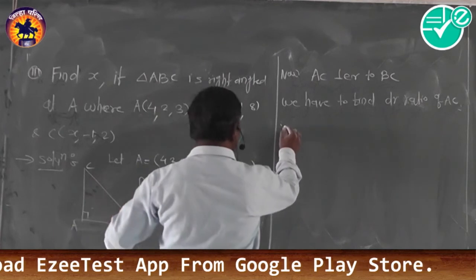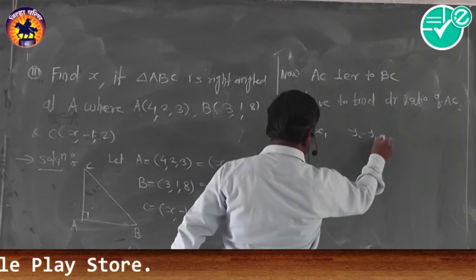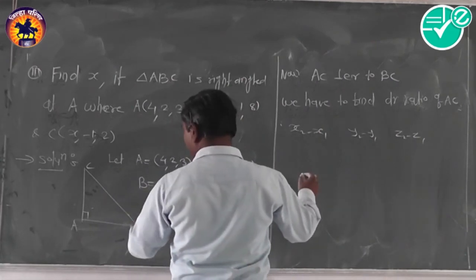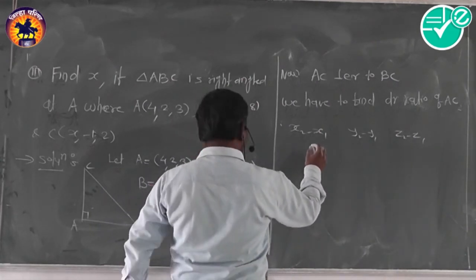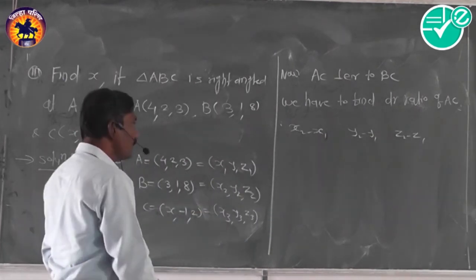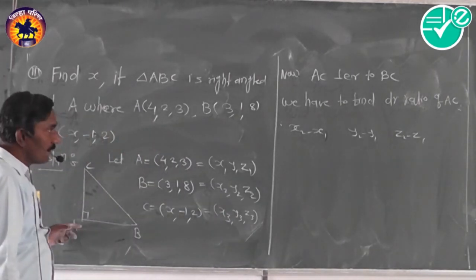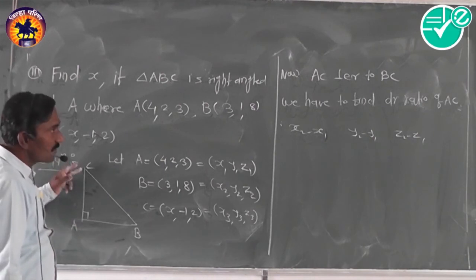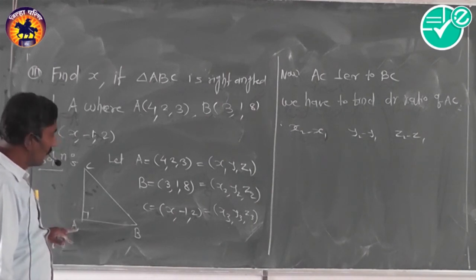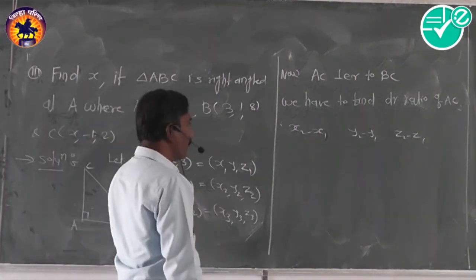So x2 minus x1, y2 minus y1, z2 minus z1 gives AC. For AC, the first point is A, that is x1, y1, z1, and C is x2, y2, z2.